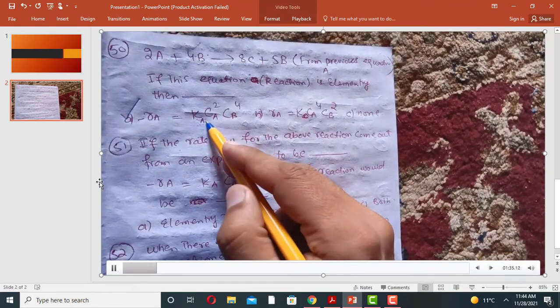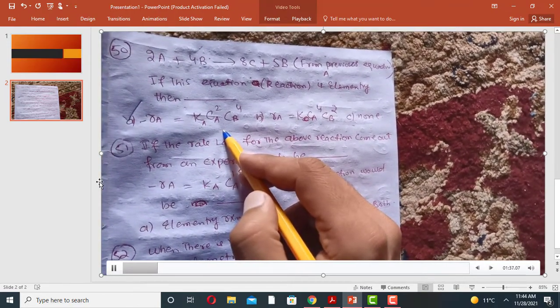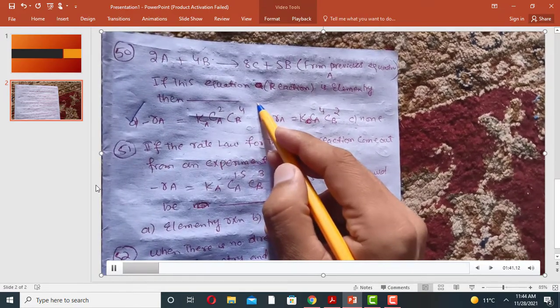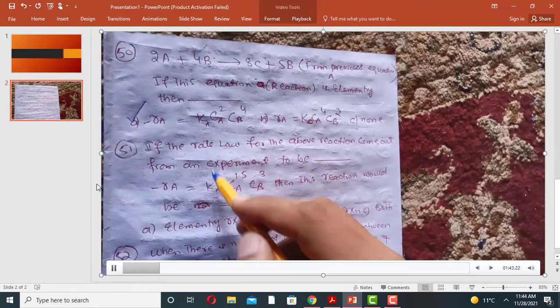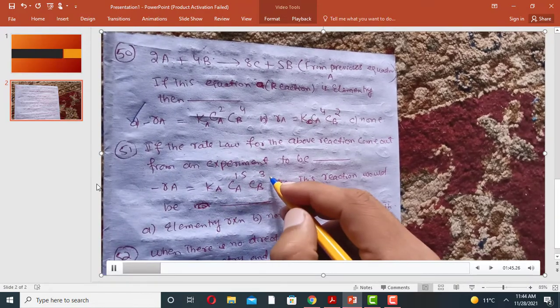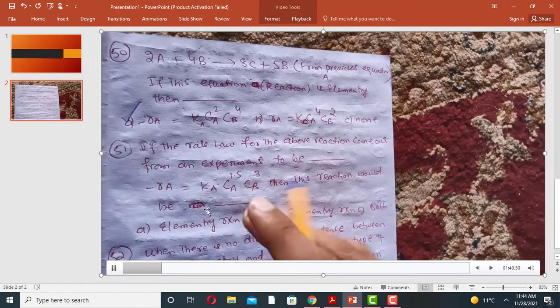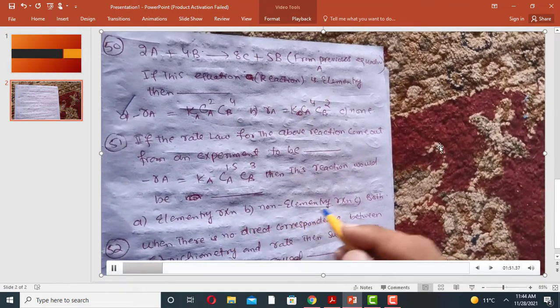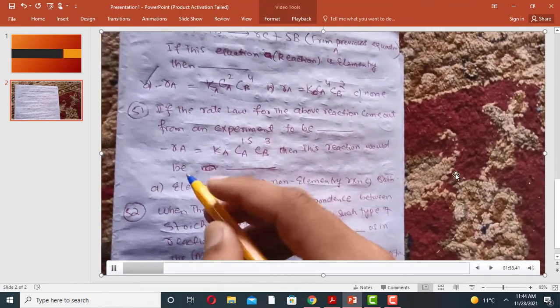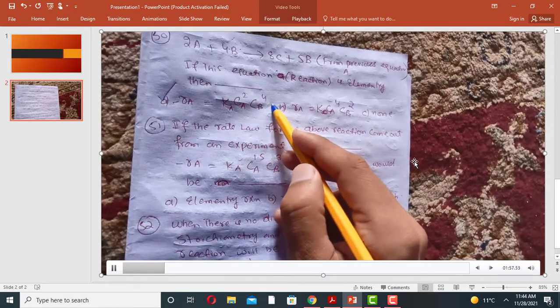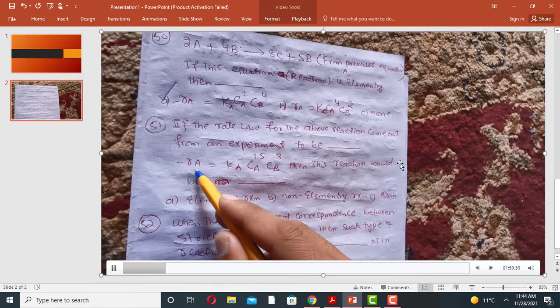Note this: for an elementary reaction, the rate of disappearance of A is the first one. But if we perform an experiment and obtain this rate law for rA, then would this reaction be elementary, non-elementary, or both?